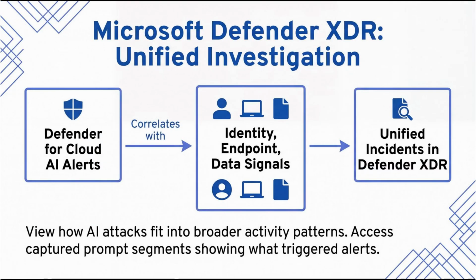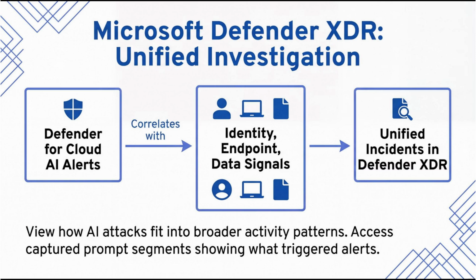Microsoft Defender XDR provides unified investigation by correlating AI specific alerts from Defender for Cloud with signals across identity, endpoints, and data sources. This creates consolidated incidents in Defender XDR, giving you full context of how AI attacks like prompt injections fit into broader adversary campaigns.